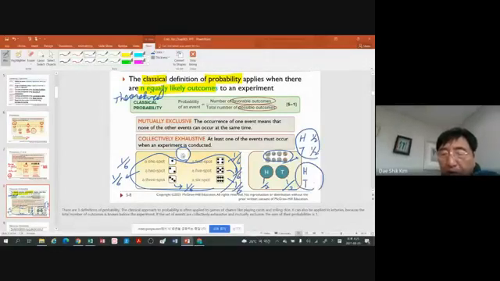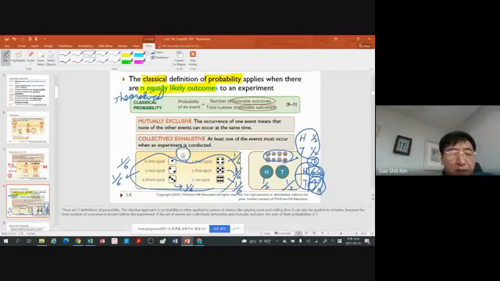Try tossing your coin 10 times. Head may appear maybe 6 times, tail may appear 4 times. Then the probability is 6/10 or 4/10. That's your own experiment.